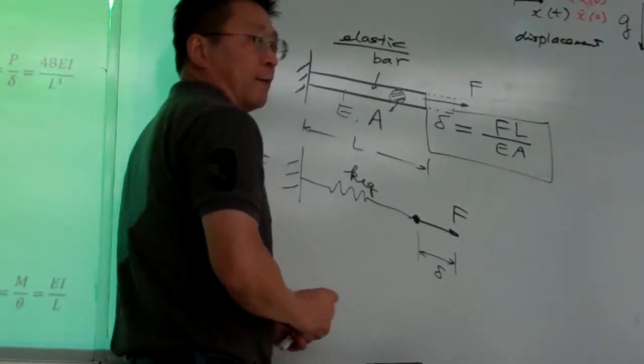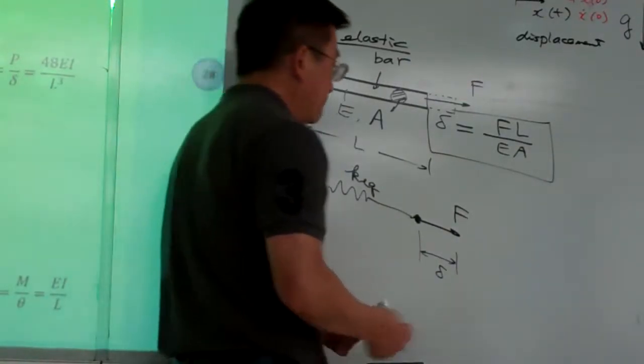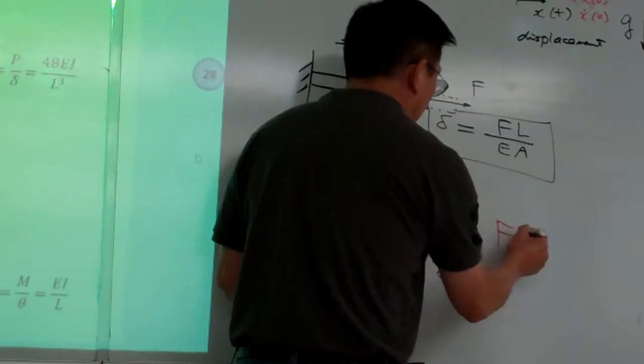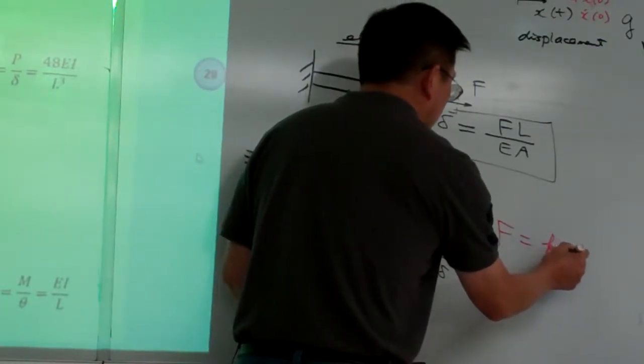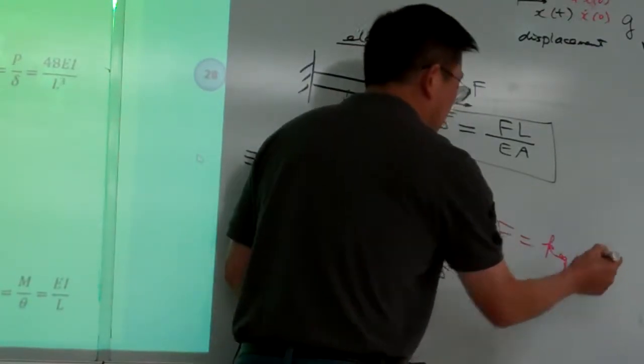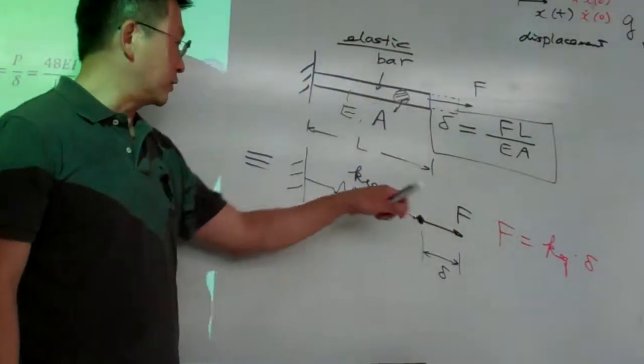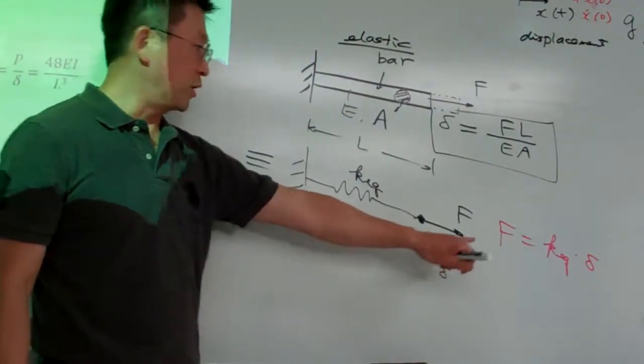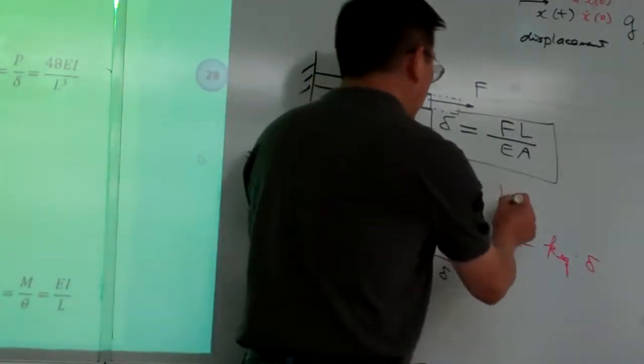So you know Hooke's law, right? Hooke's law is F equal to spring constant multiplied by deformation. We have the force, we have the spring constant, we have the deformation. Basically, this is Hooke's law.